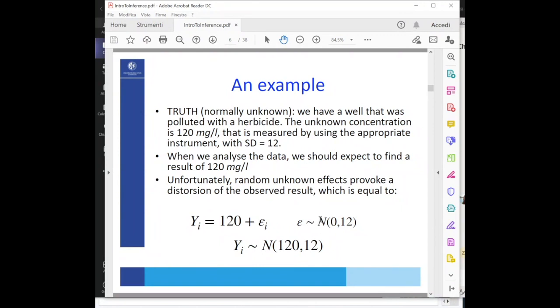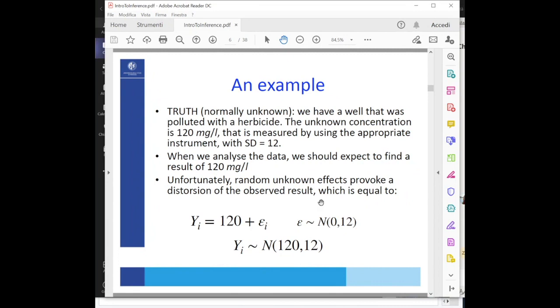And we use a Gaussian probability density function with mean equal to 0, because if the error is purely stochastic, with no systematic error, which we should avoid, then the mean should be 0. This is the so-called law of big numbers. But the standard deviation is 12, and you see here.